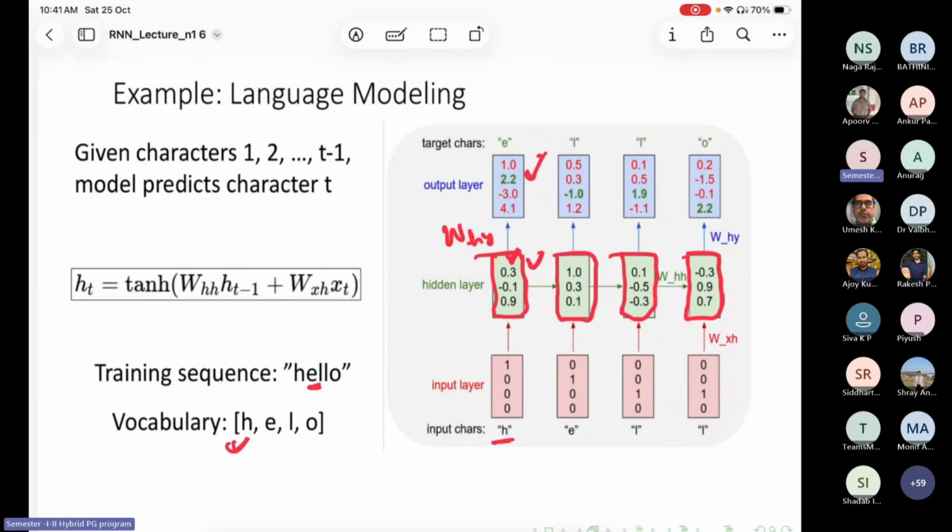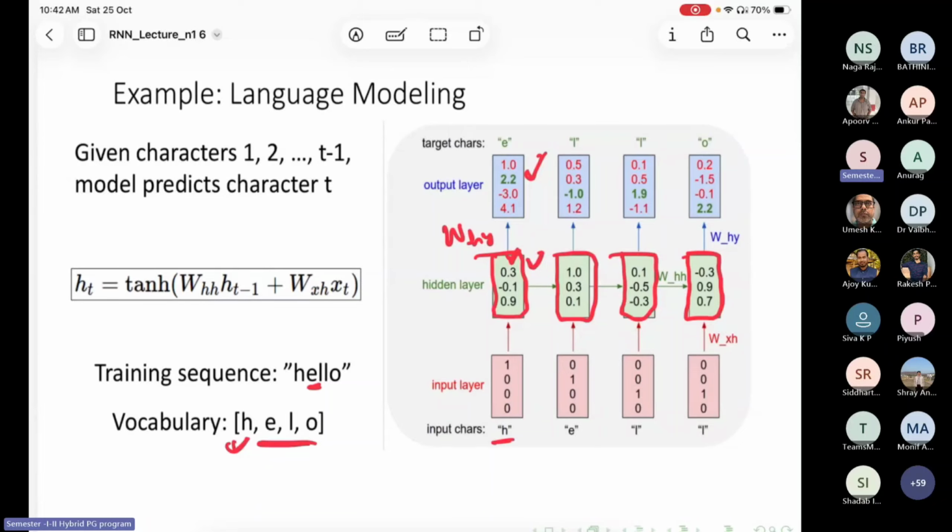You have to classify among all the characters. So wherever you give H, it should give the class of the next character, which is E.